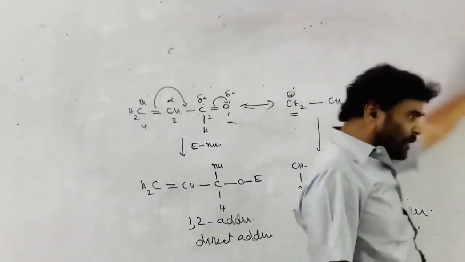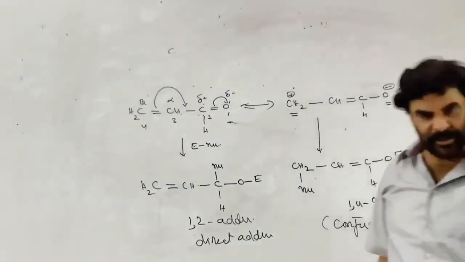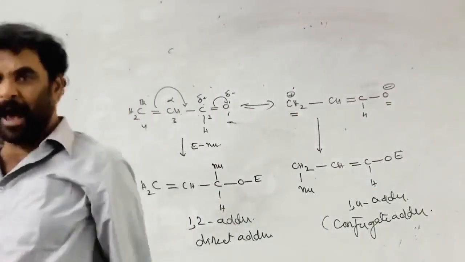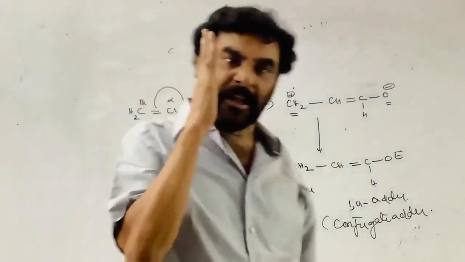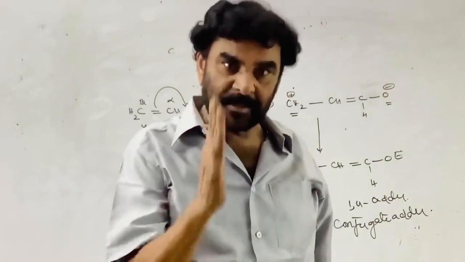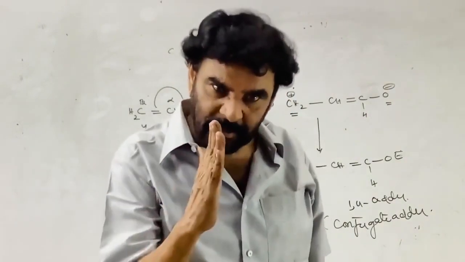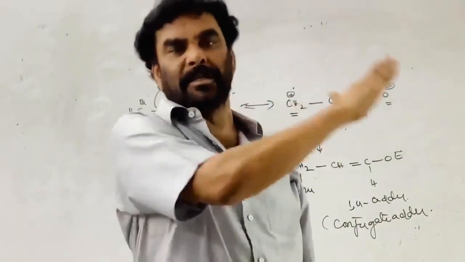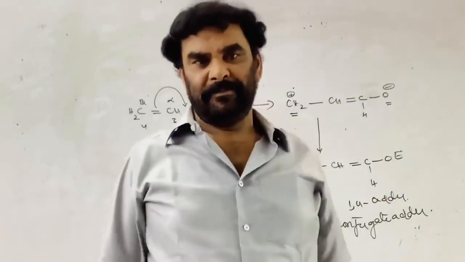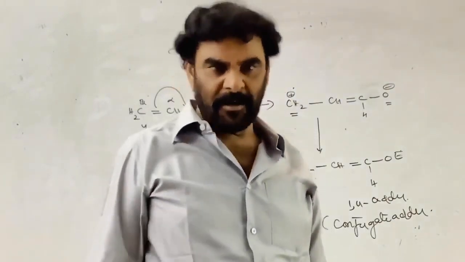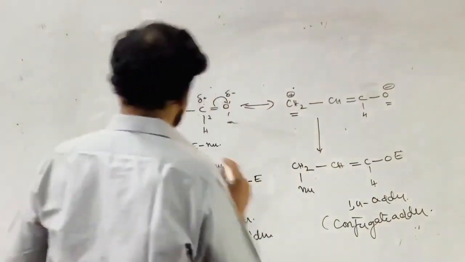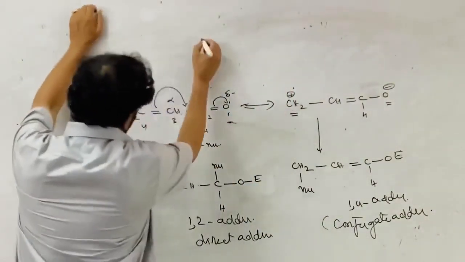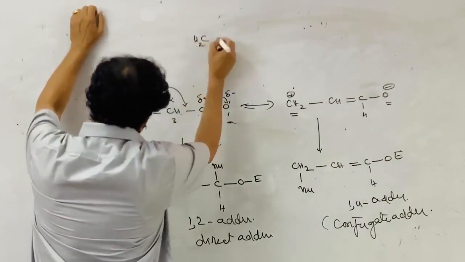Whether 1,2 addition or 1,4 addition takes place in the alpha beta unsaturated carbonyl compound depends on the nature of the reagent. Remember, I am writing again, this is the case.